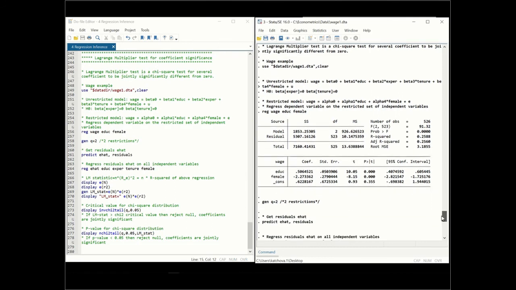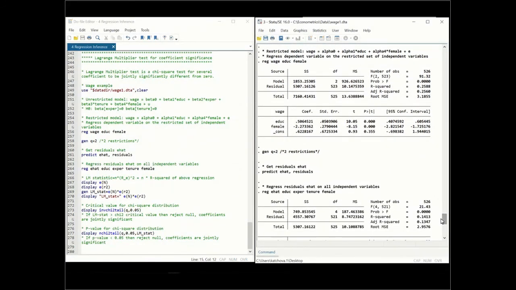After we estimate this restricted model, we get the residuals by just doing predict. We give it a name, e hat, comma, residuals, storing the residuals. Now, very interestingly, we will be regressing e hat, the residuals from the restricted regression, on all of the independent variables.